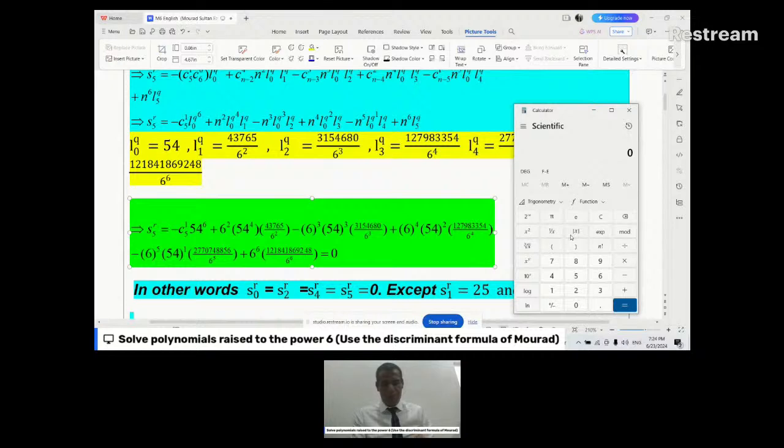Okay, the scientific calculator. We have negative 5 times 54 raised to the power 6. Close the parentheses.